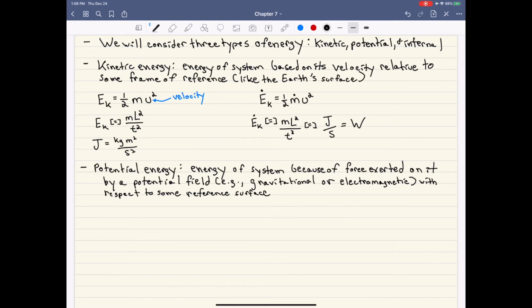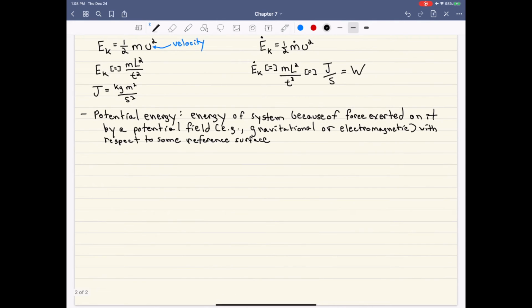Okay? All right, and so the way that you calculate the potential energy for a closed system, so E sub P, is going to be equal to your mass times gravity divided by your GC, right, which helps you get everything in the correct units, and then times a height, Z. Okay?